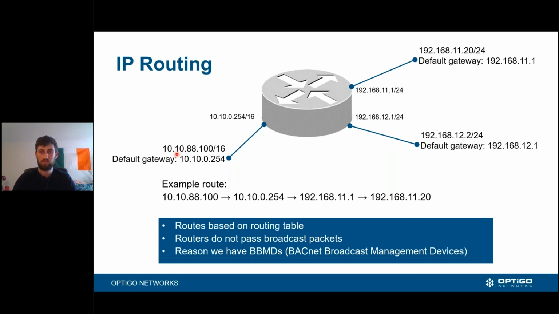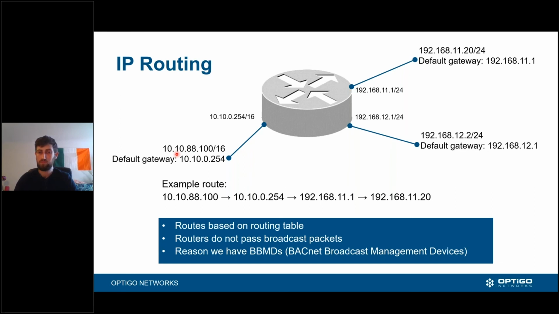One quick note, bringing this back to our industry, building automation systems: in BACnet particularly, routers do not pass broadcast packets unless it is a broadcast protocol they understand, such as ARP. That's the reason why we have BBMDs, because routers do not pass broadcast traffic.